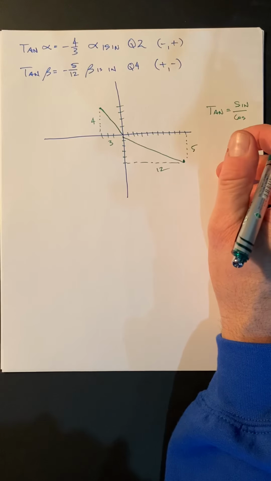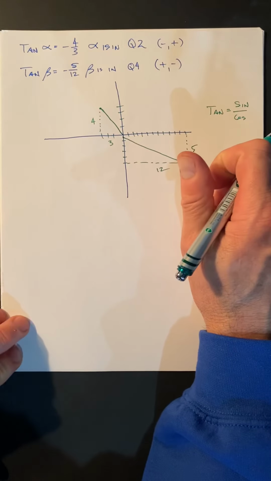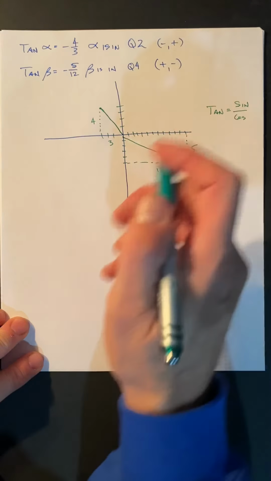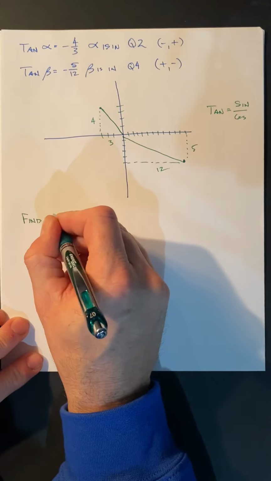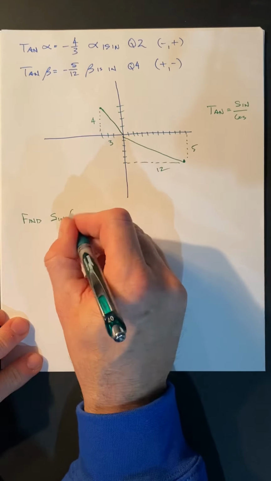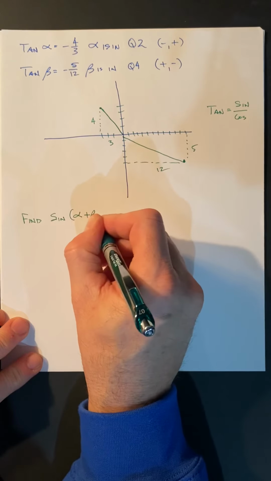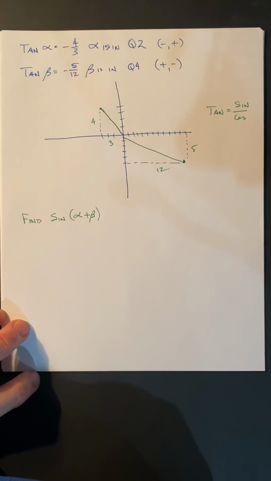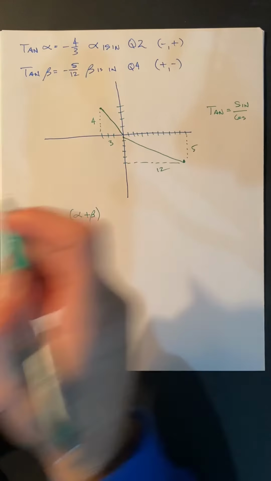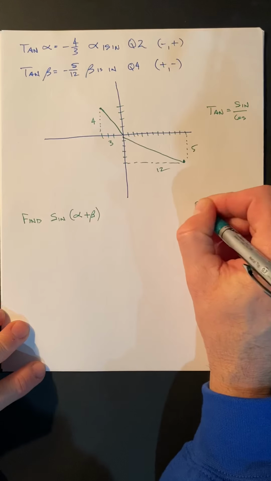Now, here was the problem. Let's go find the sine of alpha plus beta from that information, okay? Well, sine is what?